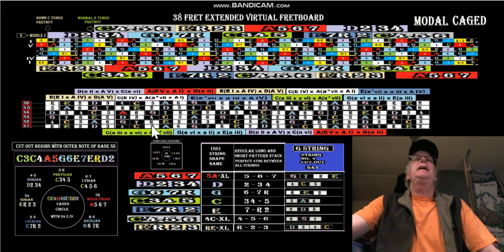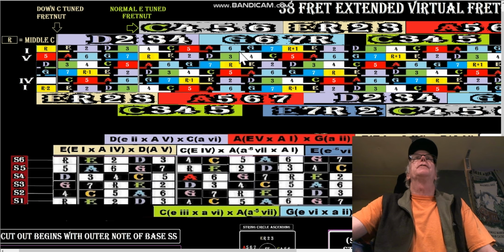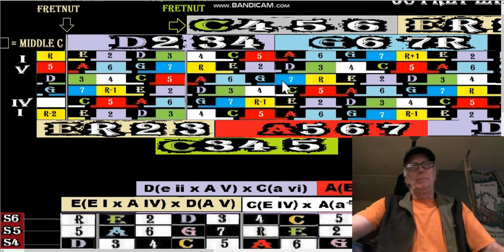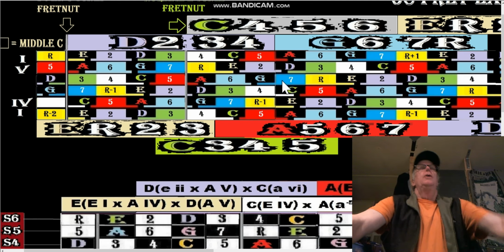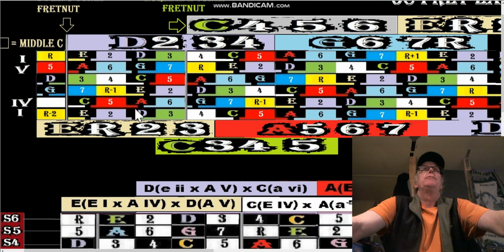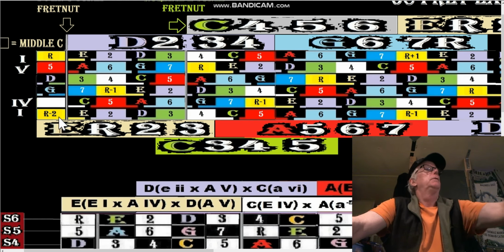Now that we've played that, let's look at the fretboard. And let's look, we're going to use the new colors here for the fun of it. Don't be afraid. Root minus 2 is middle C minus 2 octaves.